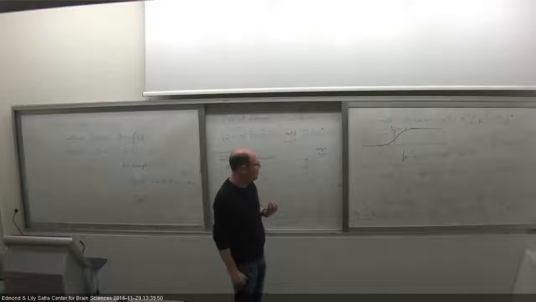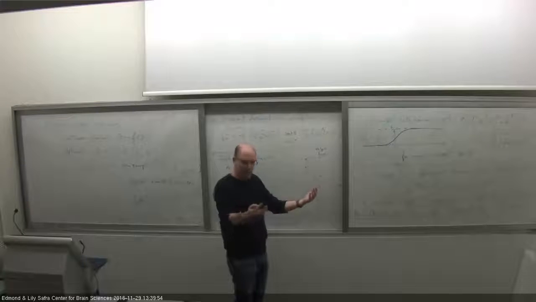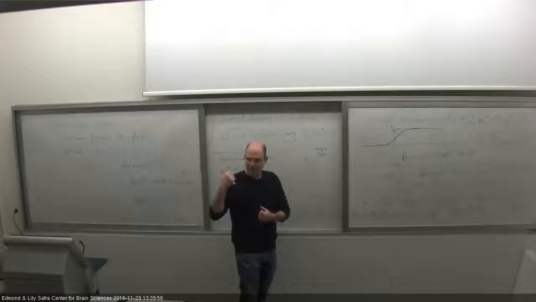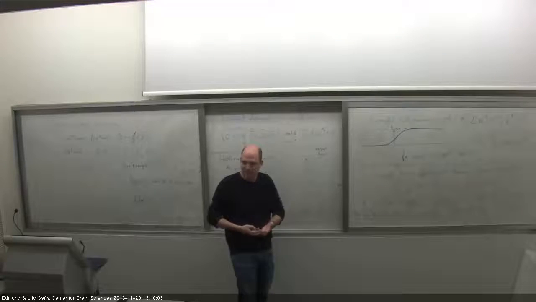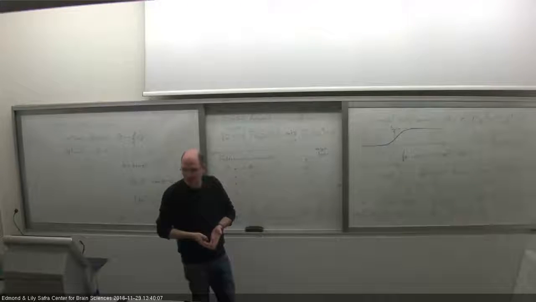The problem is that then the number of units that we need, we need to span all combinations of the inputs. And this goes back to exactly the same issue that I discussed when you asked me about optimization, that the number of possible combinations of inputs is exponential in the dimensionality. Okay?